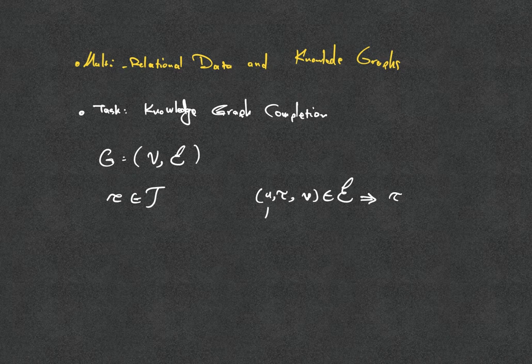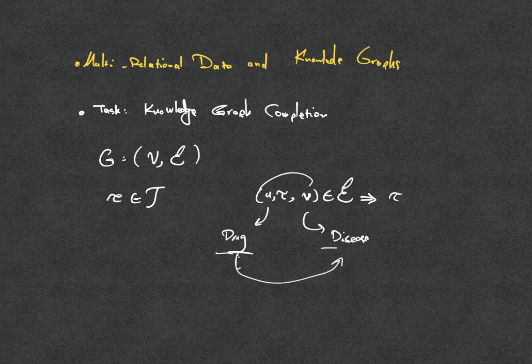An example is that u could be a drug and v could be a disease, and the presence of this edge is basically something like, drug u is going to be used in curing disease v, indicating a treatment relationship.